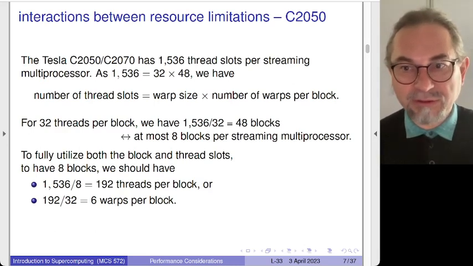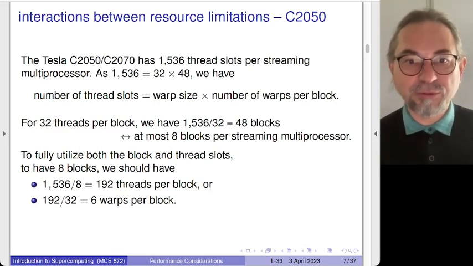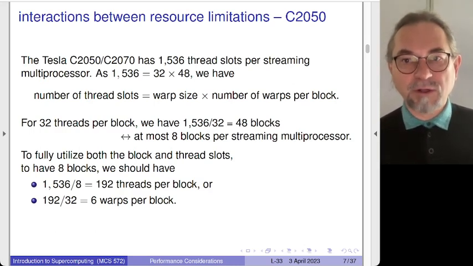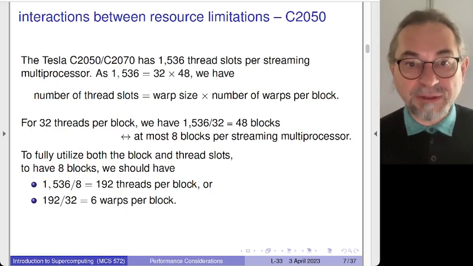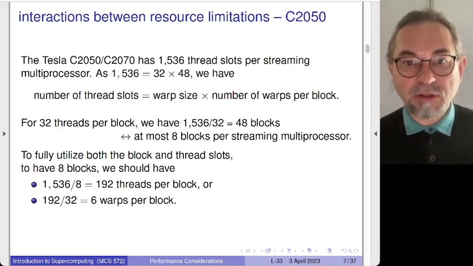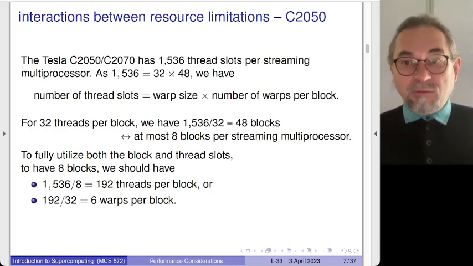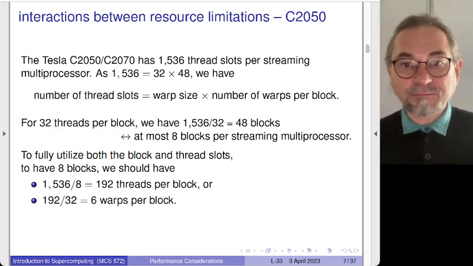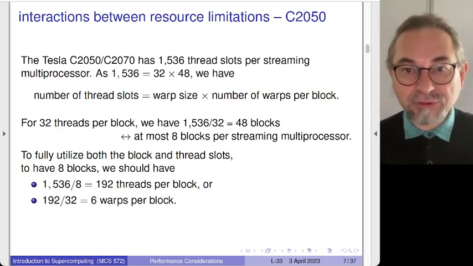So it allows you to schedule 32 by 32 for one block, and then actually you have 1024 threads per block. But that will mean that you will not be able to schedule as many blocks per streaming multiprocessor as are possible.